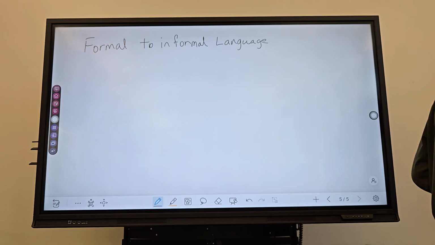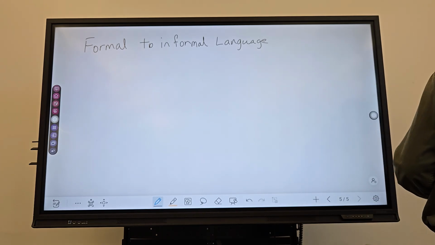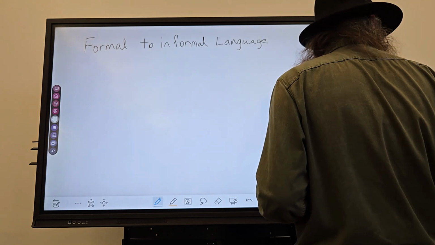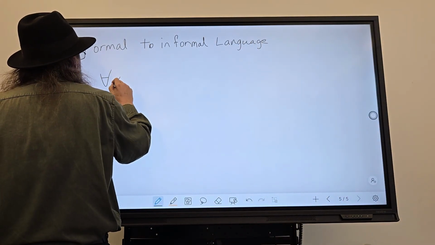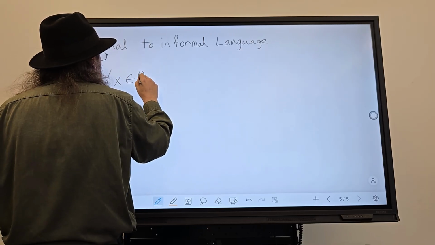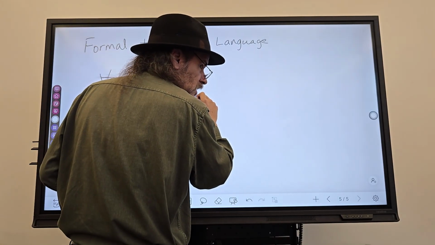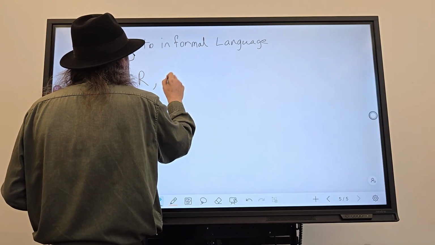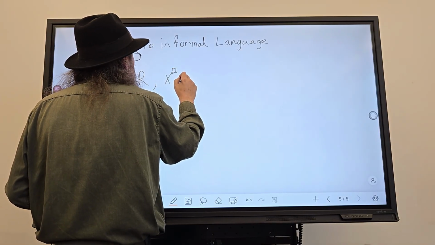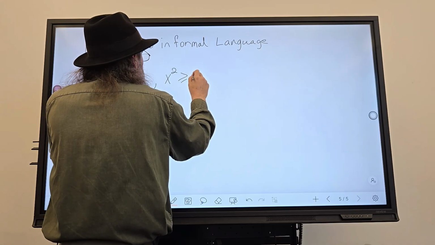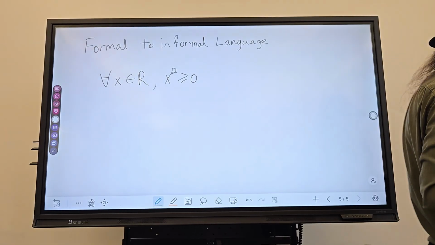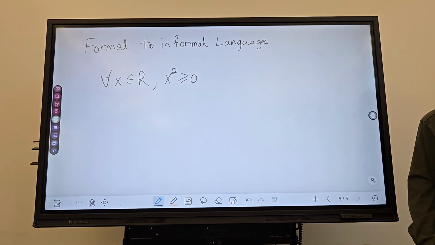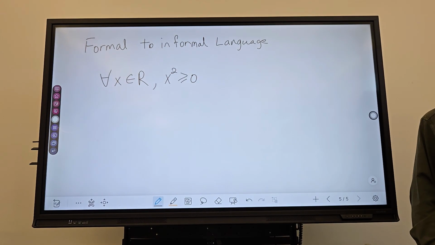So what are some informal ways to express this statement, for all x element of R? How would you informally put that statement? That's a formal statement. How would you say that?